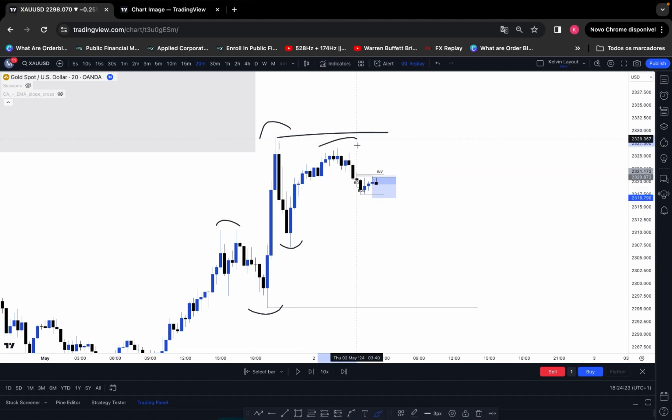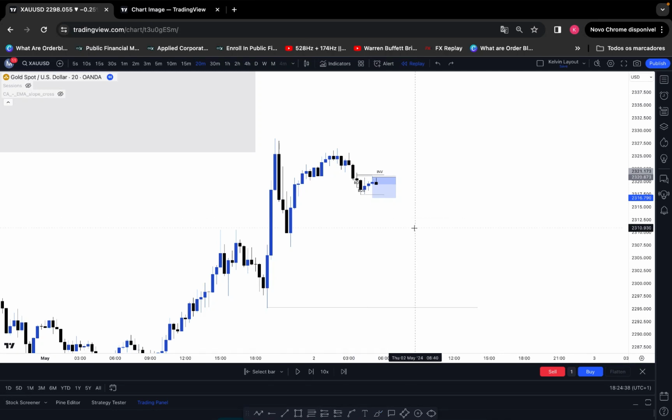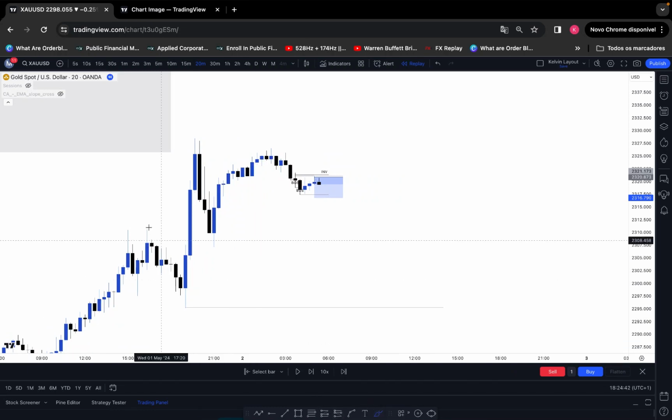So that's what I call high reluctancy: price actually failing to create a high. So that's a sign that maybe the bullish sentiment in the market is in depletion and we have sellers stepping into the market. So once I saw this, I said, okay, this was a high and this was a low.